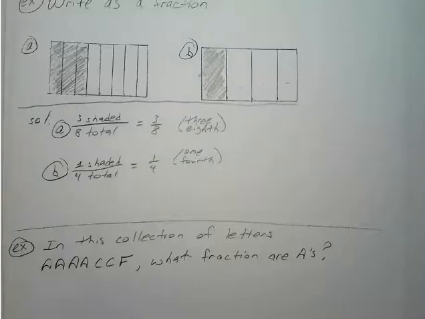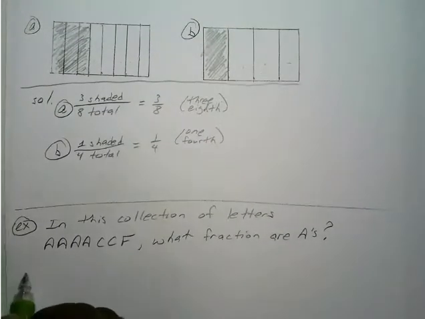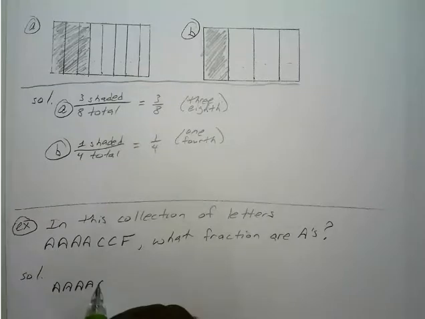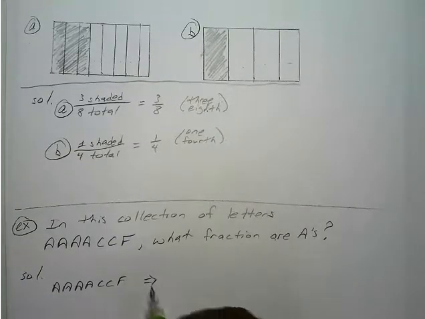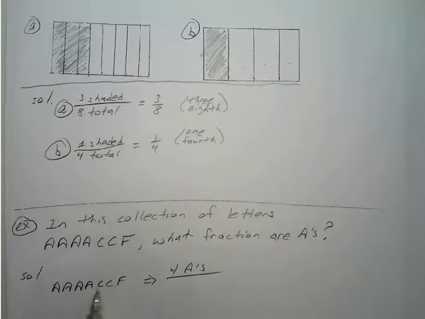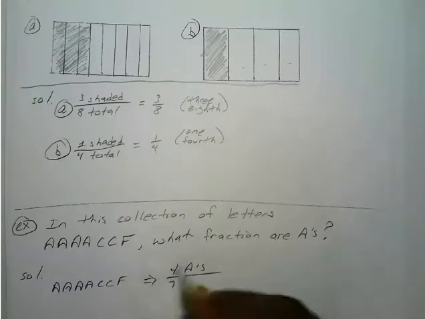All right, so assuming that you've already pressed pause and worked this one out, let's go ahead and solve it. So we have A, A, A, A, C, C, F. That means you have 4 A's out of 7 total letters.